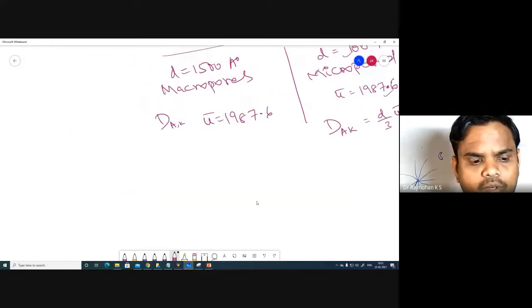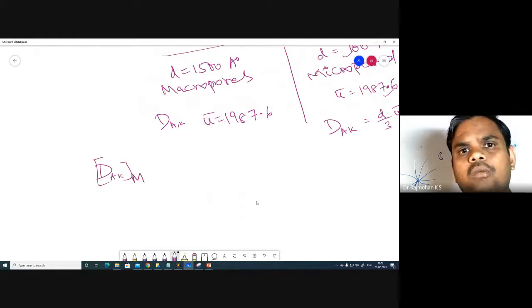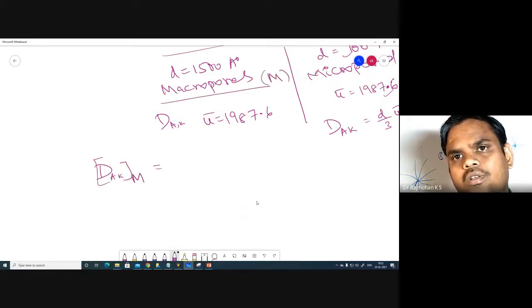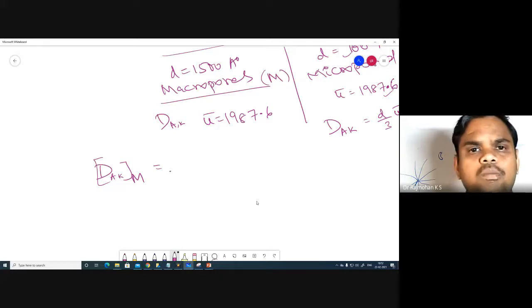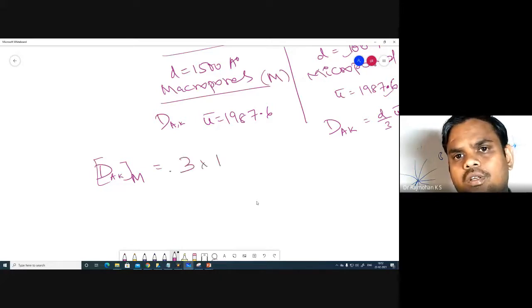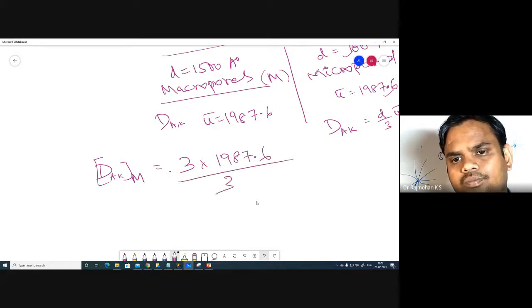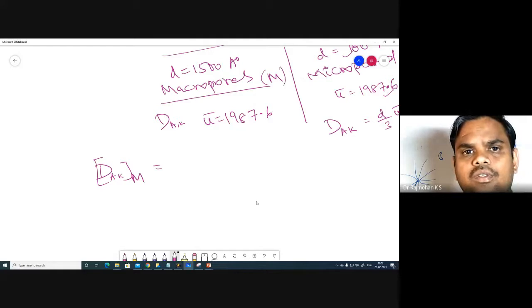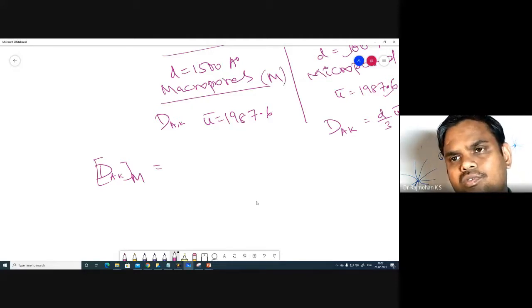So first we will do for macropores. For macropore, let me write with subscript m, DAK m equal to D by 3 times U bar.